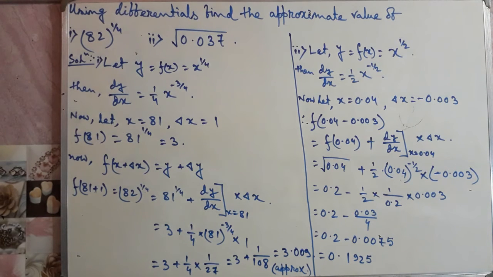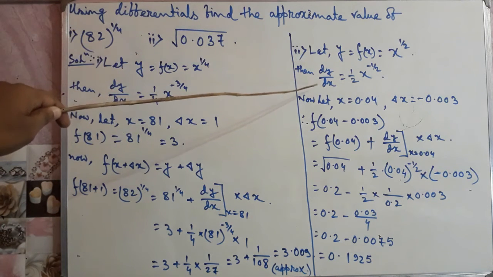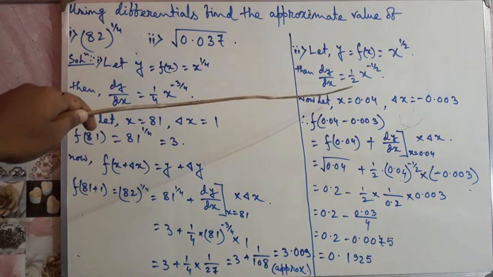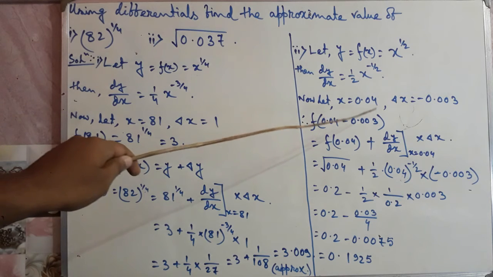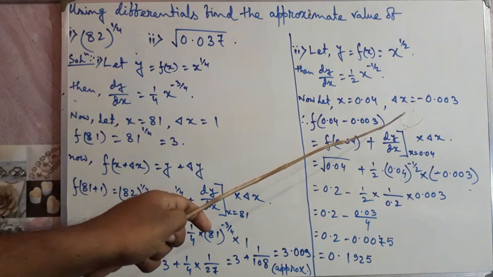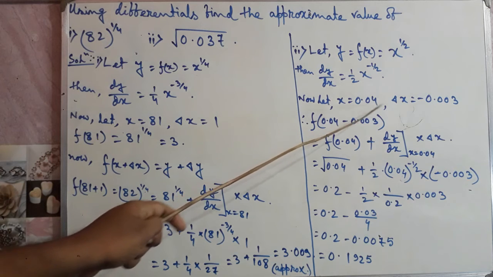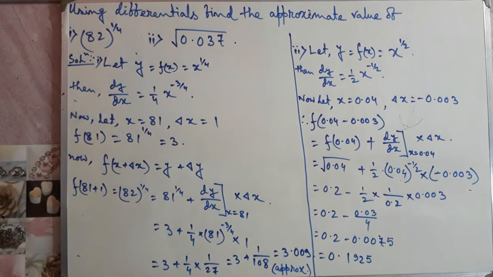Now, the second problem, that is the square root of 0.037. Again we take the function y is equal to f of x, that is x to the power 1 by 2. So differentiation of y with respect to x is 1 by 2 x to the power minus 1 by 2. Let x be equal to 0.04 and delta x equal to minus 0.003, because 0.04 minus 0.003 is equal to 0.037.